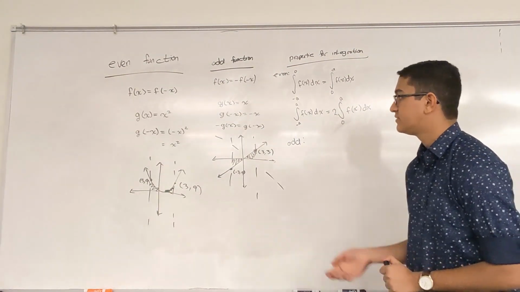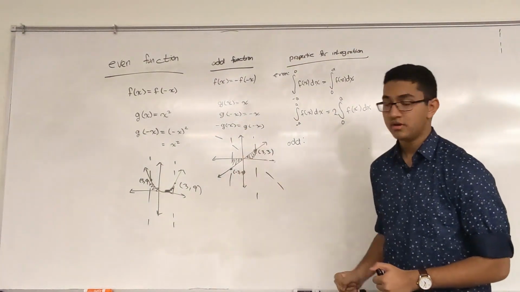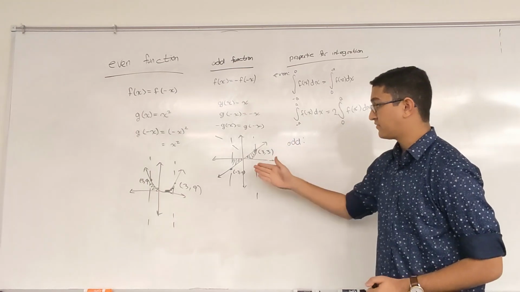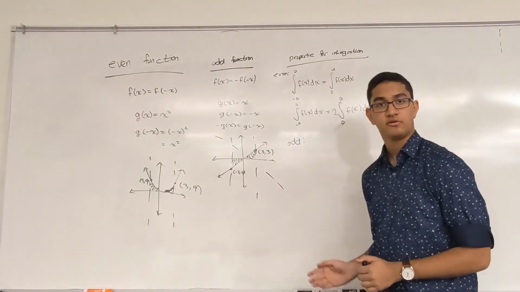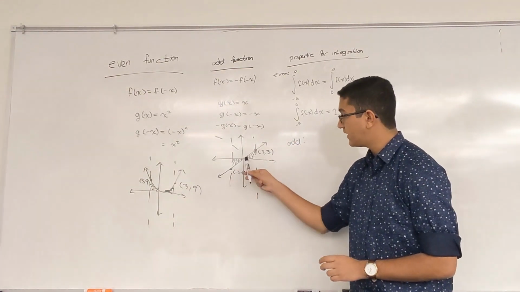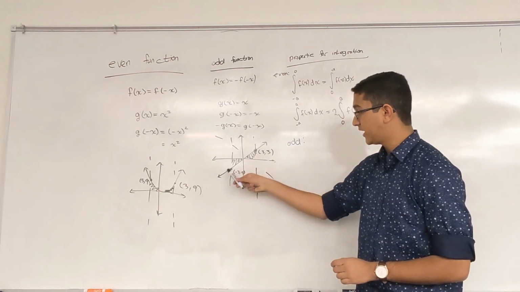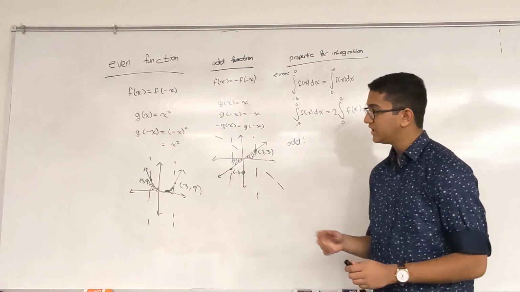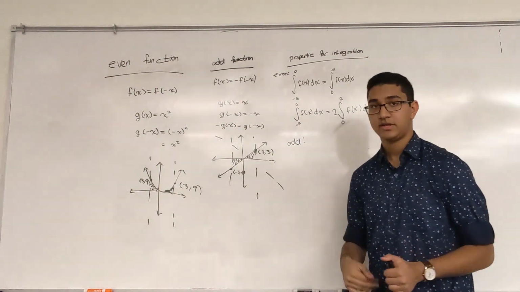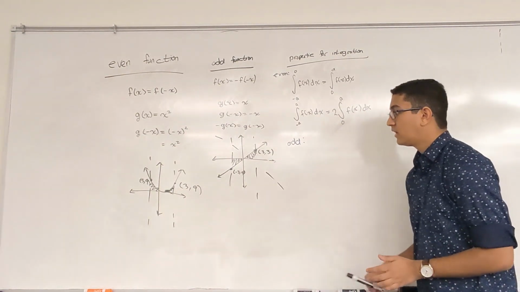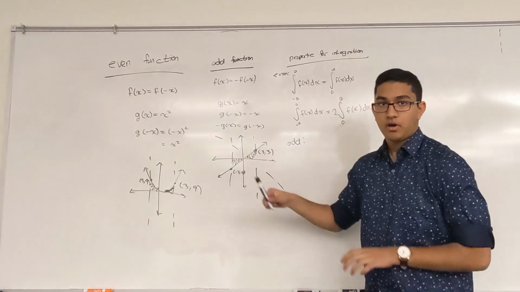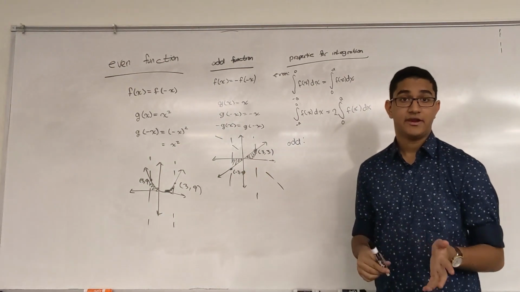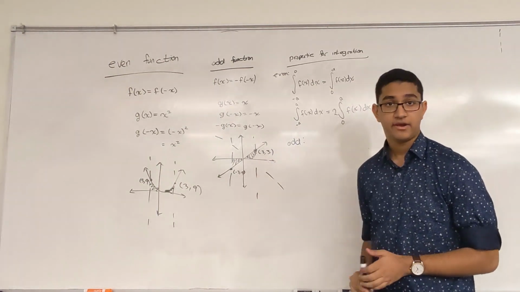We'll notice, since these are basically opposites of each other, where this value is 3 and this value is negative 3, when we're taking the integral from here to here and the integral from here to here, 0 to negative 3 and 0 to 3, they're equivalent if you take the absolute value, okay? So this area here, not talking about the integral, but the area instead, is equivalent to the area there.